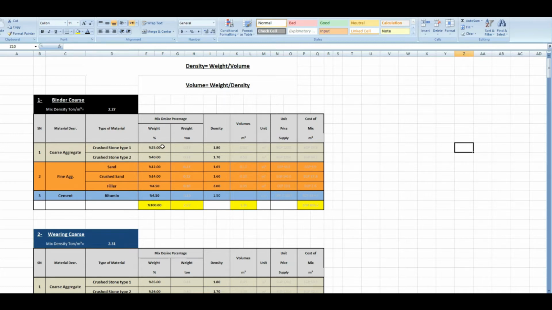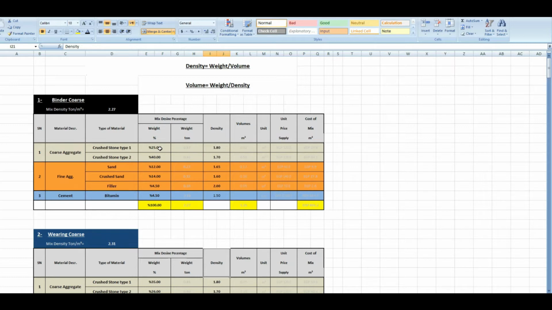Percentage of each material and density of each material. This is the percentage of weight, 25% for the crushed stone type 1.